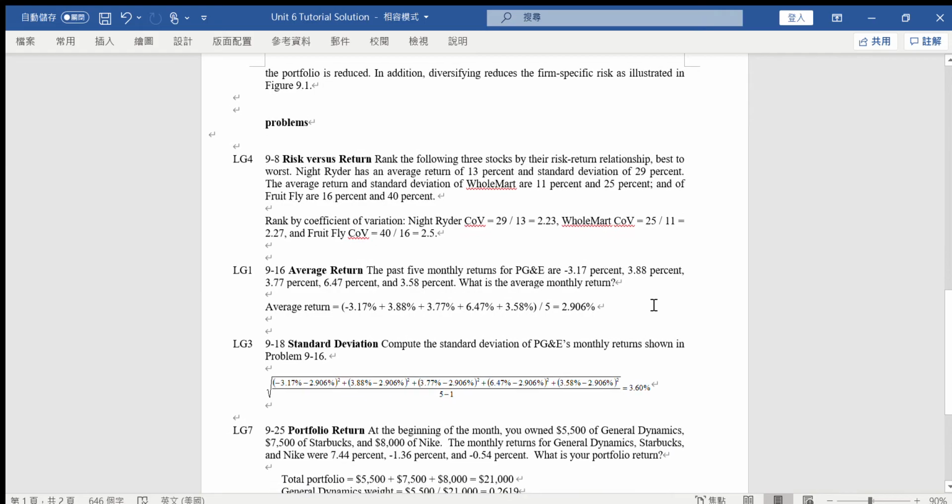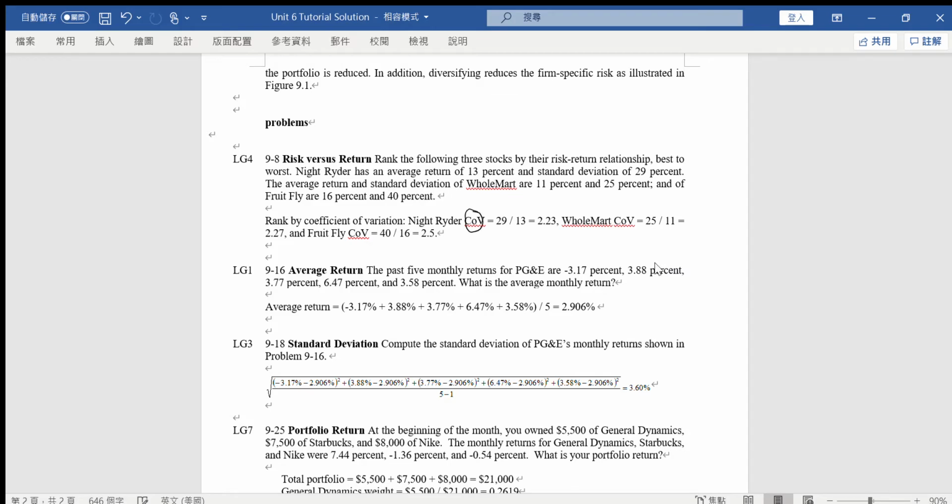Okay, next one is about risk versus return, asking you to rank three different stocks by their risk and return relationship, best to worst. You are given their average return and standard deviations, so you need to work out the risk and return relationship by the coefficient of variation, the CV.